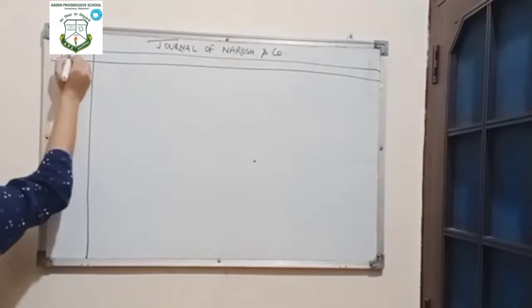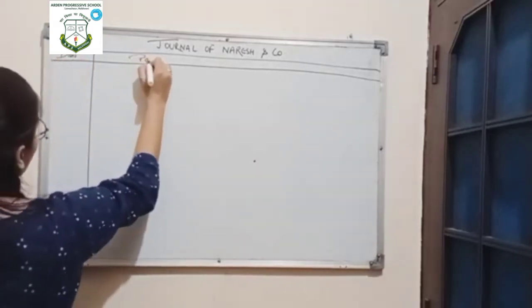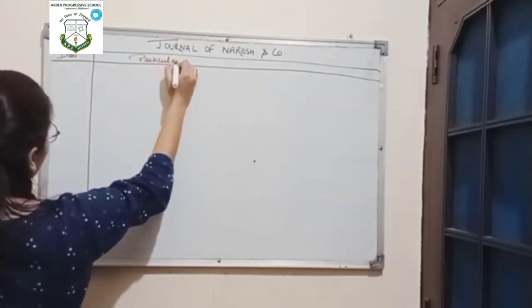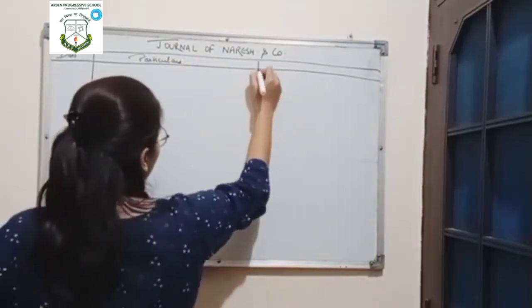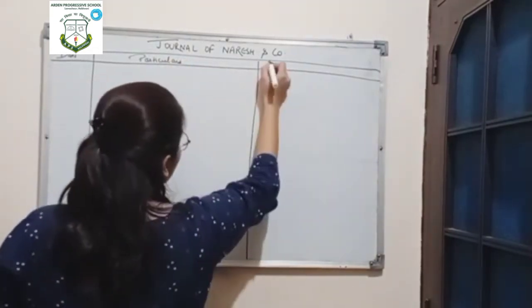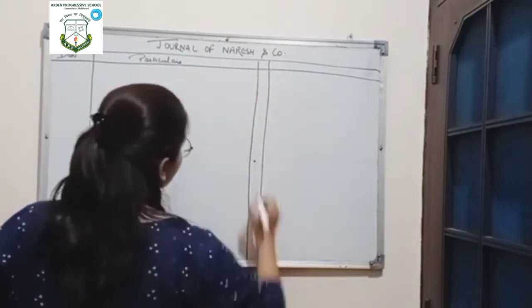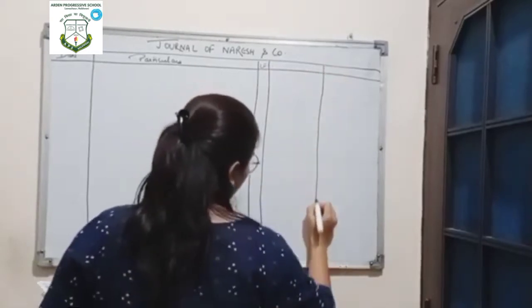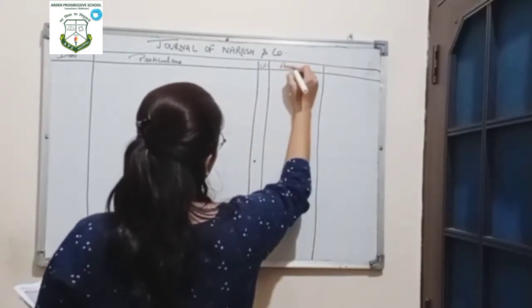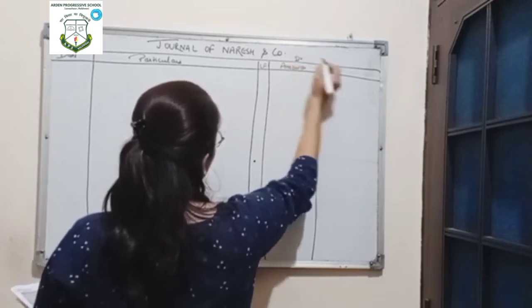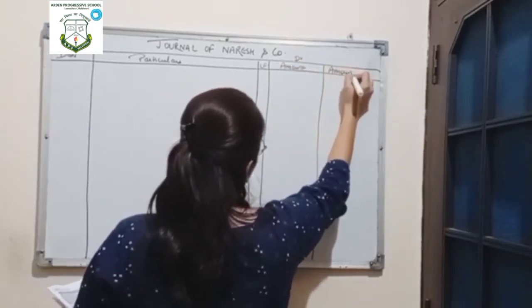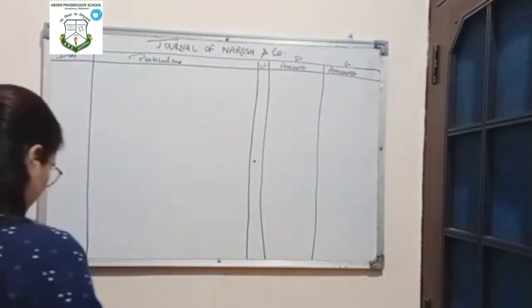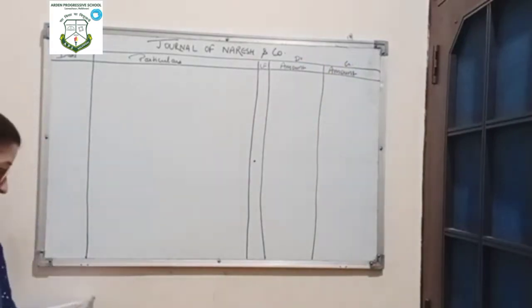First column is of date, then particulars, LF, which is ledger folio, debit amount, and credit amount. So now, according to the question, first transaction is on 1st June.